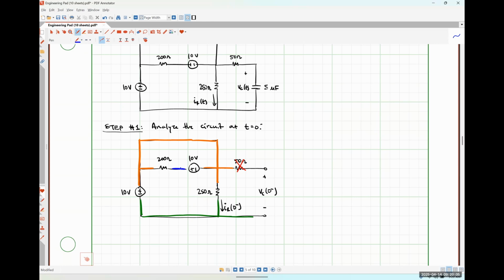So now that I've identified my nodes, how are the 10-volt source and the 250 ohm resistor connected to each other? They're in parallel because they both share the orange node on top and the green node on bottom. So what's VC at 0 minus? 10 volts.